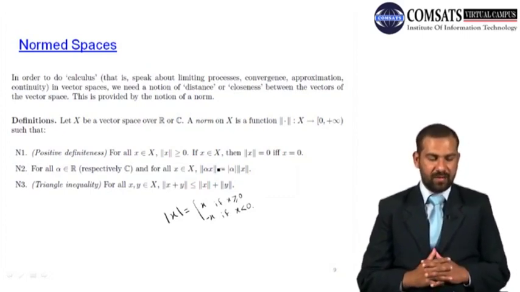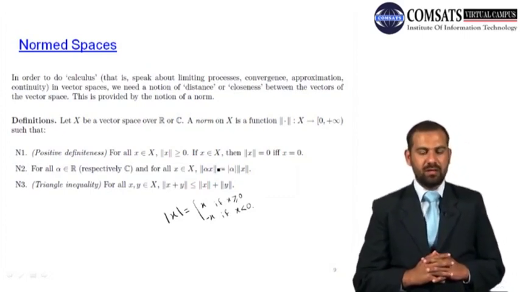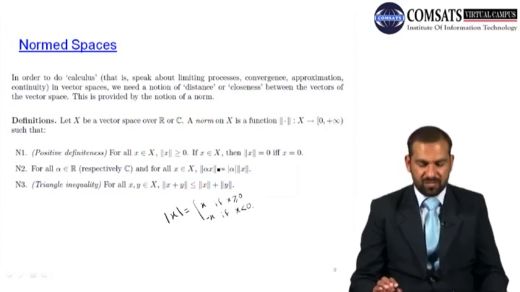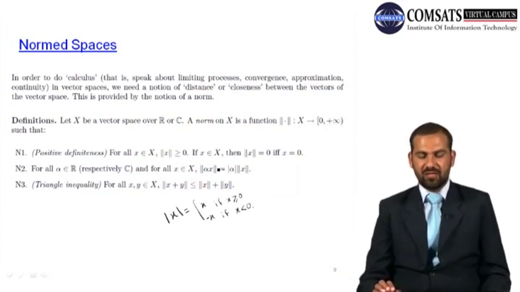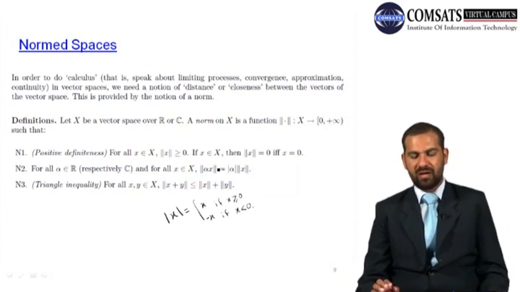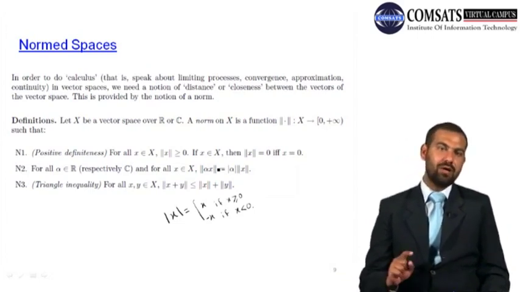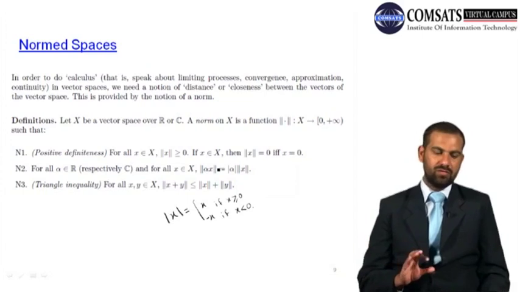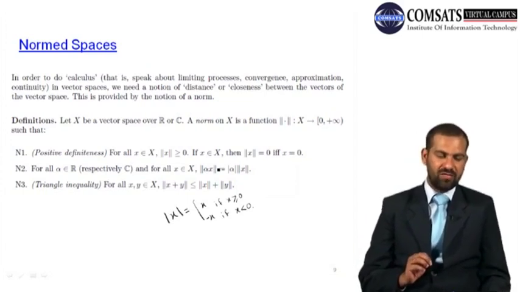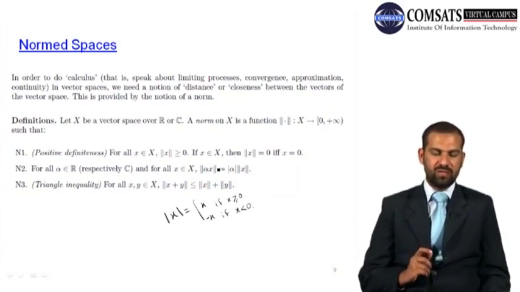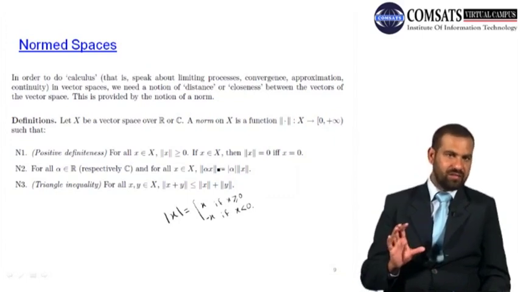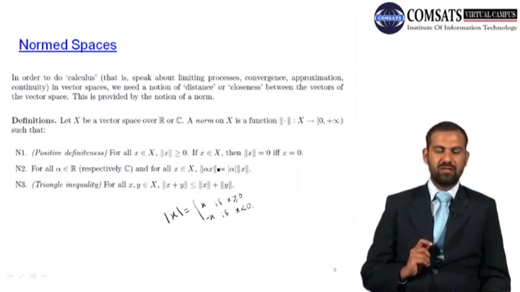And the third one is the triangle inequality, meaning the norm of x plus y is less than or equal to the norm of x plus the norm of y for all x, y belonging to the set X. So N1, N2, N3: if any space has these three properties, then this space is a norm space.